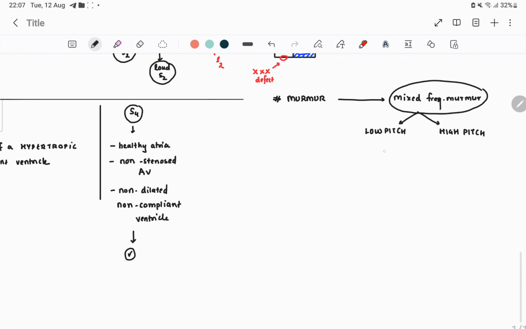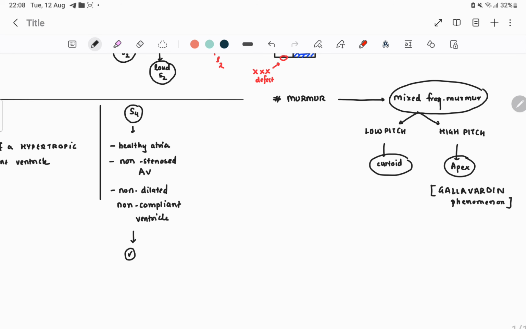The low pitch component will radiate to the carotid, and over the carotid area we will feel a low pitch, but the high pitch will be radiating to the apex, which is classically seen as the Gallavardin phenomenon. So we'll have a mixed frequency harsh murmur.